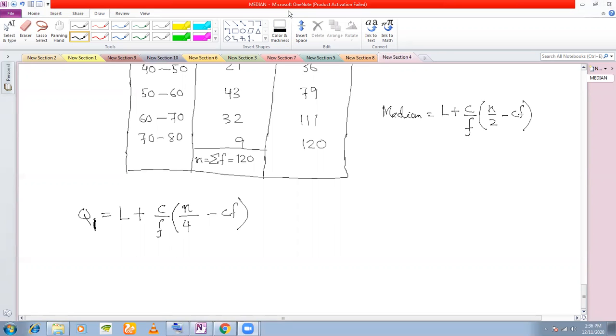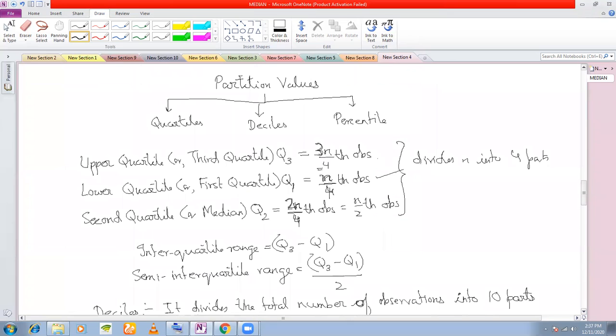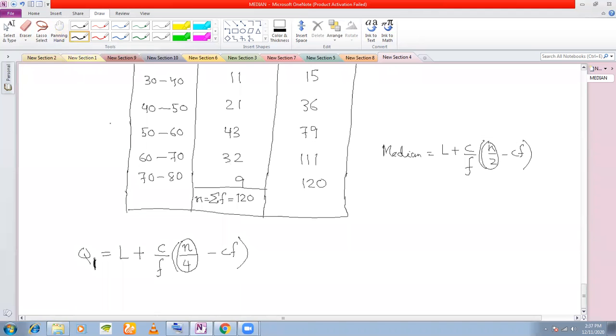Does it sound familiar? Yes or no? Yes, sir. Okay, say something so that I know that you are listening. So I have replaced N by 2 by N by 4, because Q1 was our N by 4th observation. And we are going to work with this formula now, just as we were doing with medians.